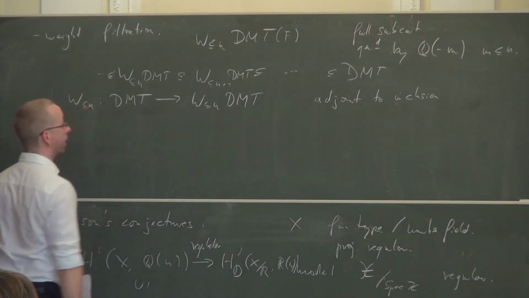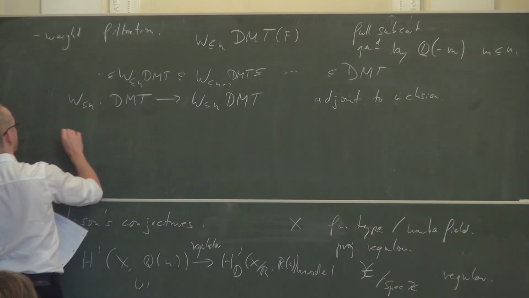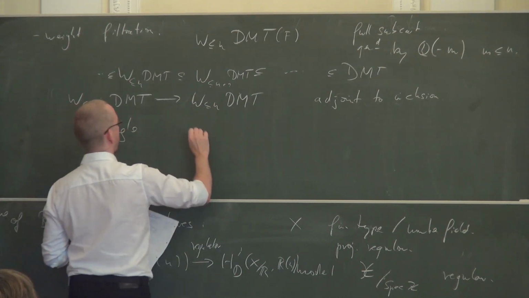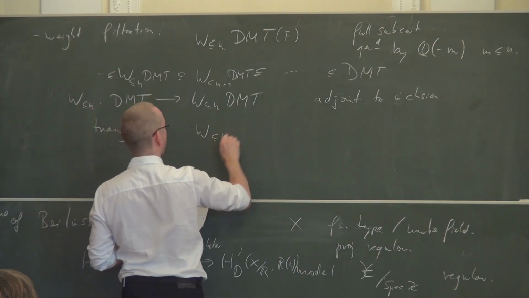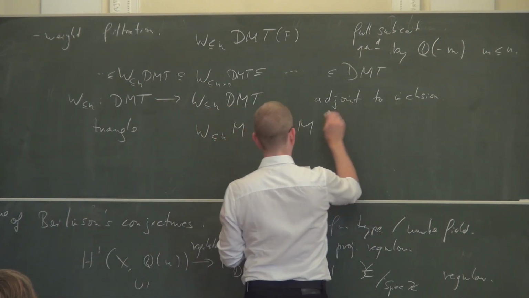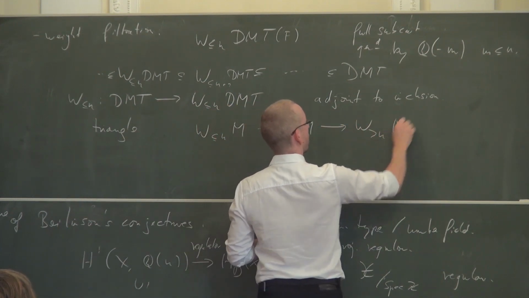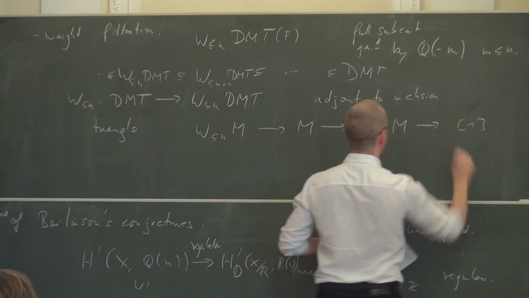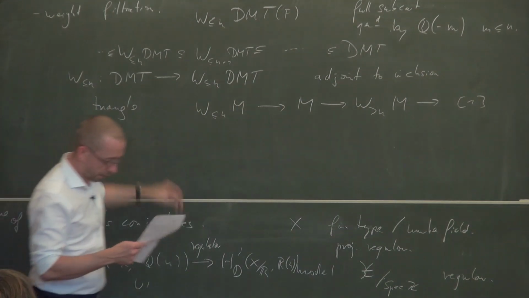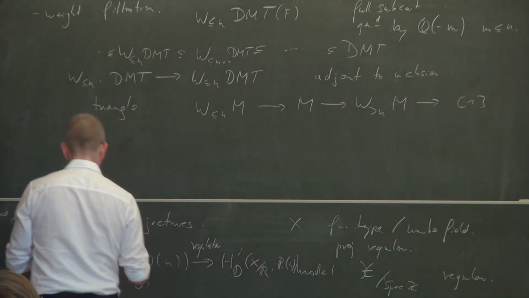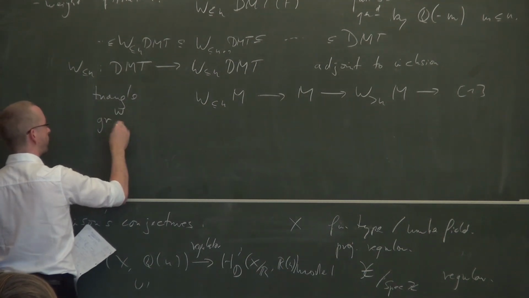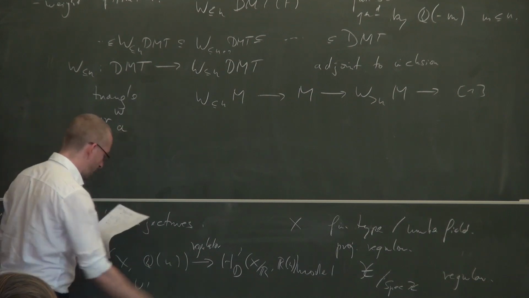And then you can define W greater n by looking at a triangle. So you have W less or equal n of a motive maps to M. And then you complete this to a triangle, and that gives you W greater n of M. And then you can take graded pieces for this weight filtration.